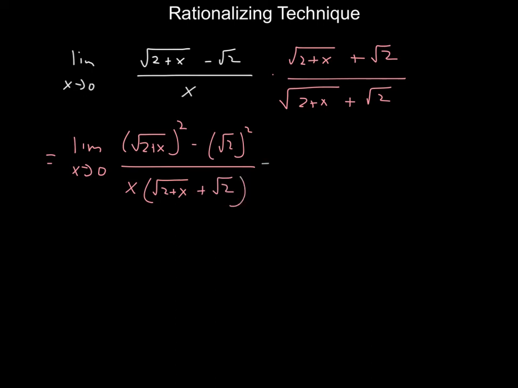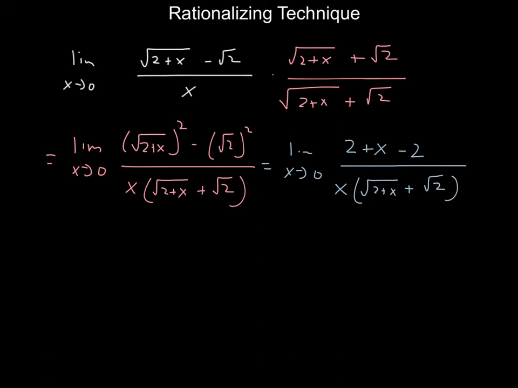And now that is going to equal the limit as x approaches 0. When I square the square roots in the numerator, I'm going to get 2 plus x minus 2 over x times the square root of 2 plus x plus the square root of 2.